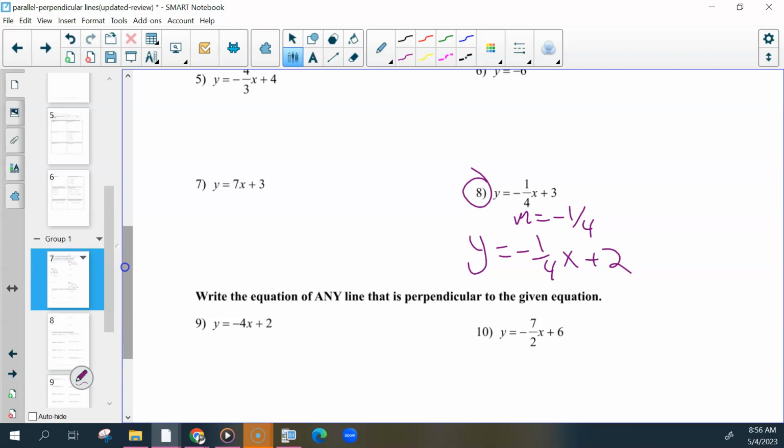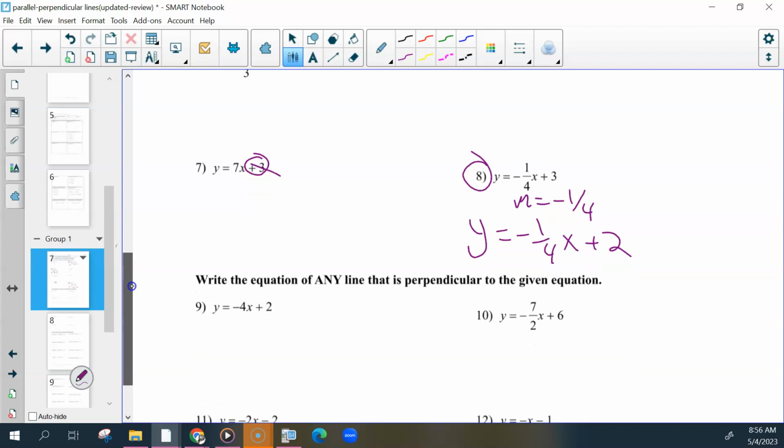Any others in that section? The y-intercept here? Yes. You just don't write that at all for this section. For the next section, it's different.